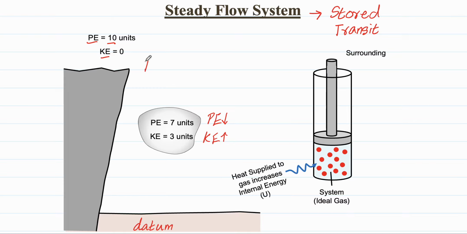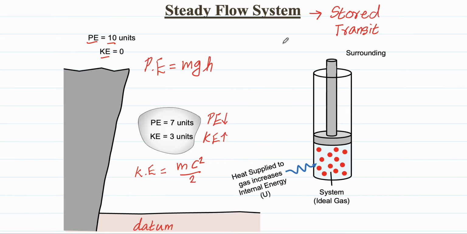We can write potential energy with an abbreviation PE, and it is mass times acceleration due to gravity times height of the object, and the unit is joule. The kinetic energy is equal to mass times velocity squared divided by 2, and its unit is also joule.